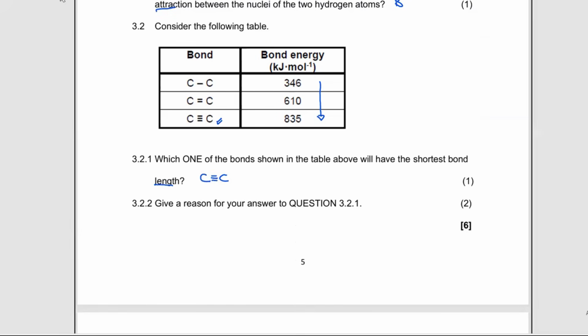Then give a reason for your answer to question 3.2.1, right? Okay, so we're going to say the higher the bond order, the stronger the force of attraction.